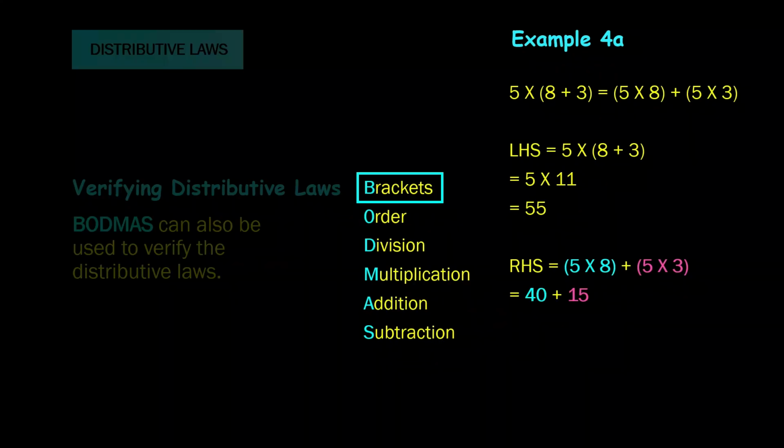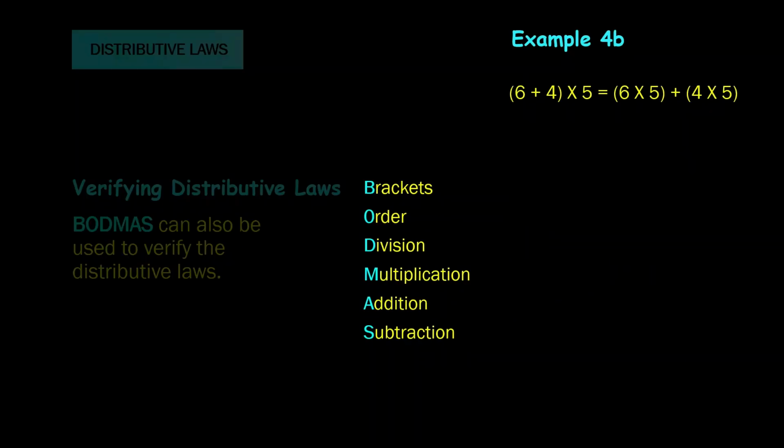So 5 times 8 is 40, and 5 times 3 is 15. Now let's consider the last step. There is only addition left, 40 plus 15. And this is equal to 55. So the left-hand side equals the right-hand side equals 55, and the first distributive law holds.